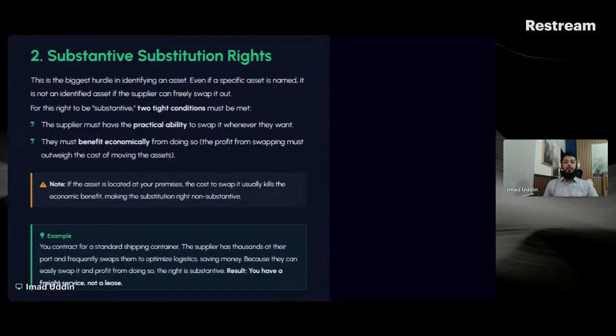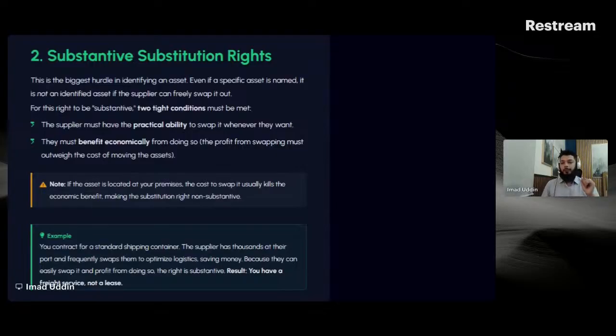So let's say, for example, there's a plant that is installed in your factory, and to take off that plant and deinstall that plant and to install somewhere else would be economically not viable for any lessor. In that case, even though the plant was not properly identified, even though the plant was vaguely defined, and the lessor kind of had the right to swap it if he wanted, he still does not have the substantive right because it would be economically not feasible for him.